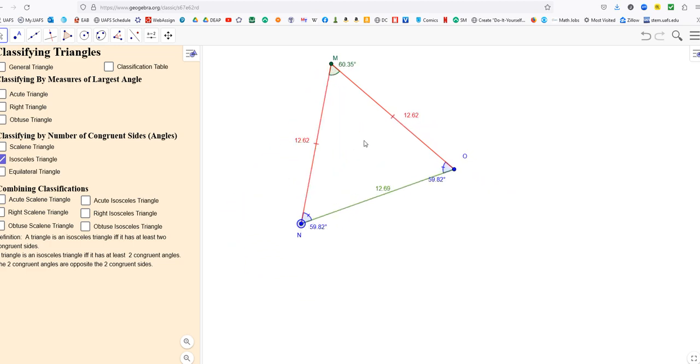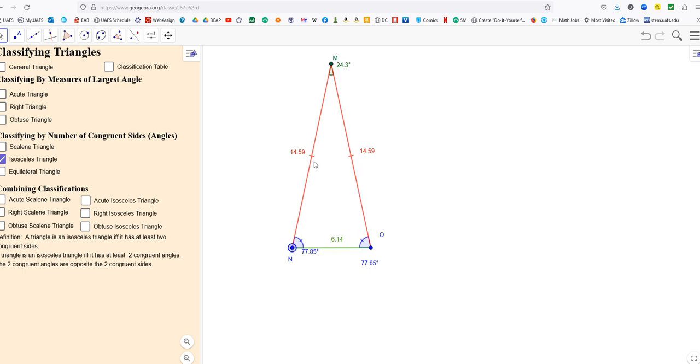Here's an isosceles triangle. The two red sides are the same. Notice we've marked them the same color, but also with the little hash mark there. Notice something interesting about an isosceles triangle. Look at these two angles down here. They'll be different depending on where we put it, just like these lengths may be different, but these two are the same length as each other.